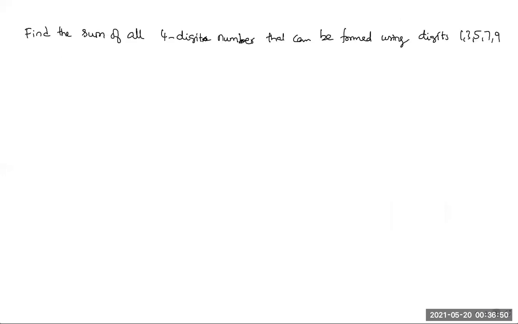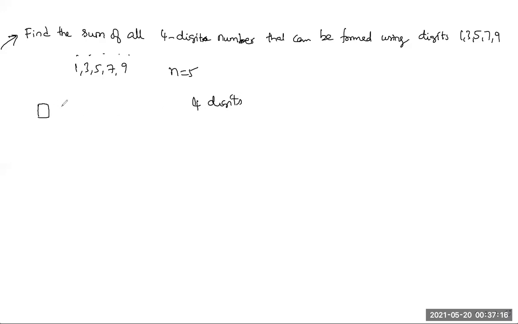Now next. So this is also one of the important or unique models that's being asked. So: the sum of all 4-digit numbers that can be formed using the digits 1, 3, 5, 7, 9. So n equal to 5, because there are total 5 elements, and they're asking us to form 4-digit numbers.